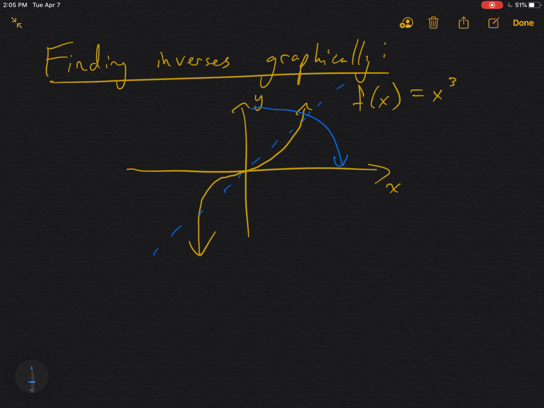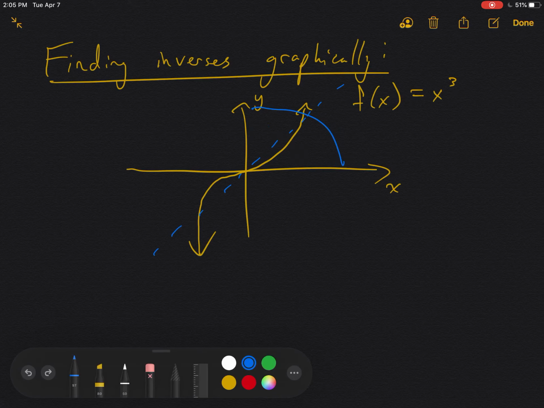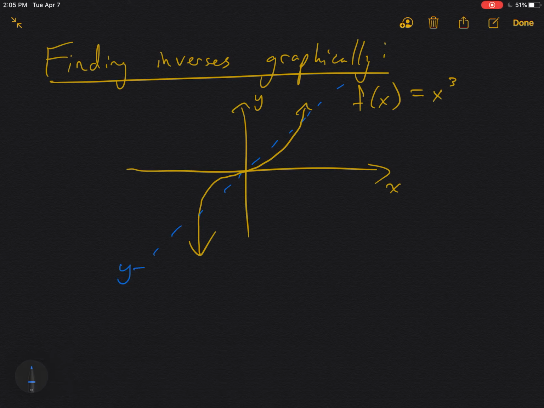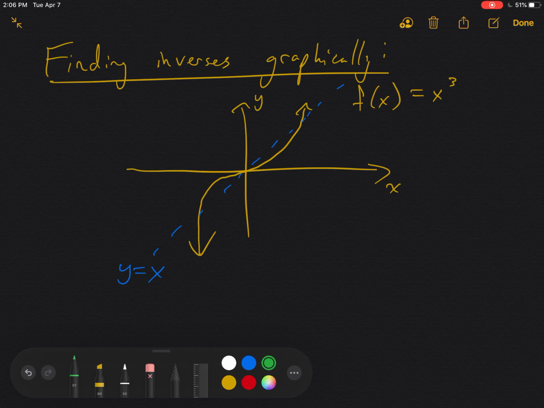So if I just reflect this picture across that dotted line, then this y would end up over here and the x would end up over here, and that would be swapping the roles of x and y, which is exactly what the inverse function is supposed to do. So maybe let me write this as y equals x. So this is the dotted line y equals x. If you reflect across that line, then you're just swapping the roles of x and y.